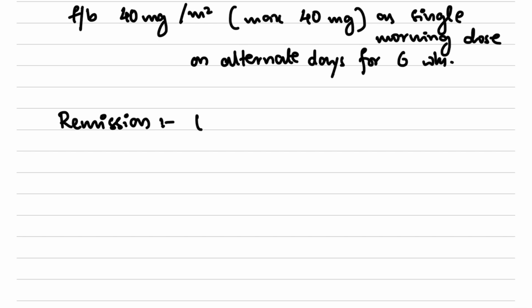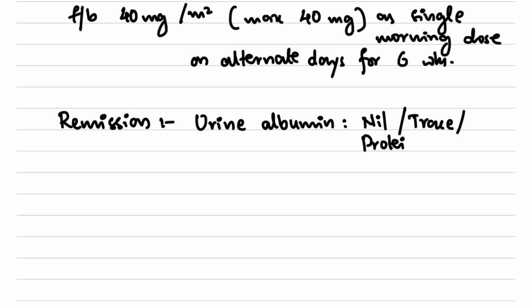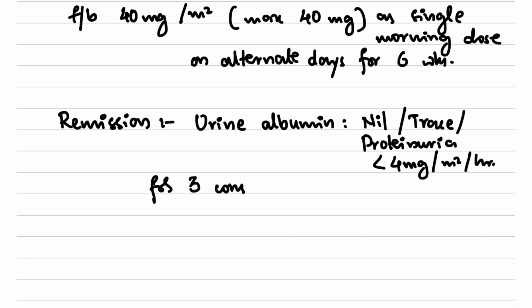Whenever there is urine albumin that is either nil or trace, or the proteinuria is less than 4 mg per meter square per hour, and this is seen for three consecutive early morning specimens.